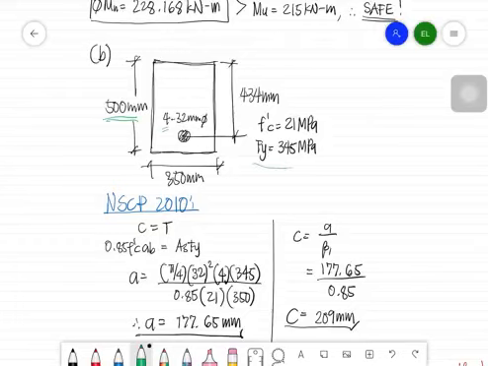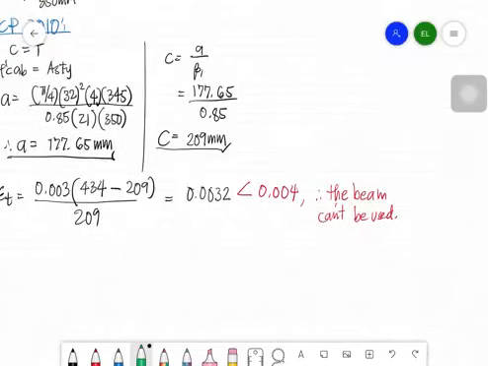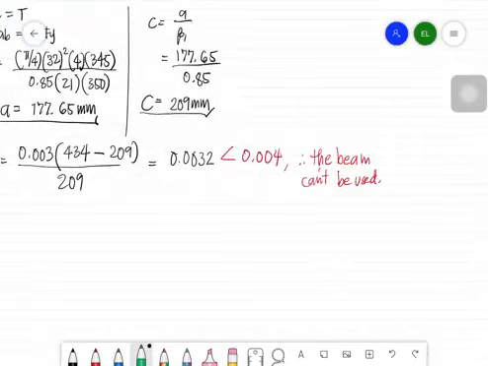You may also increase the strength of your concrete or your steel bar in order for it to pass the ductility requirement. In this case, we will proceed in getting the condition of the beam in order for us to know the capacity of that beam.